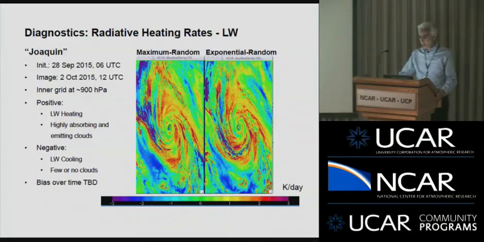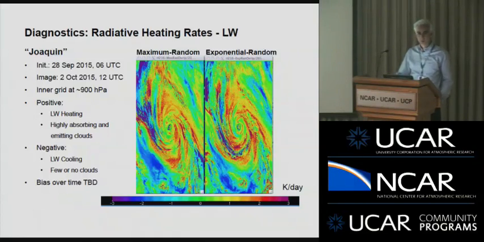The scale goes from plus or minus 3 degrees per day, where the red is long wave heating, and this represents very dense clouds which are highly absorbing and emitting irradiation back down to the surface. The blue and purple areas are where you have long wave cooling, as you would expect in an ordinary clear sky.